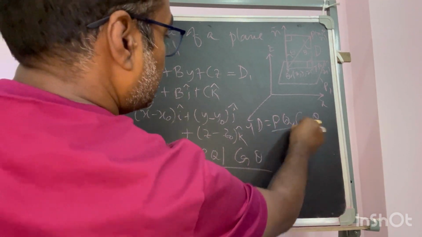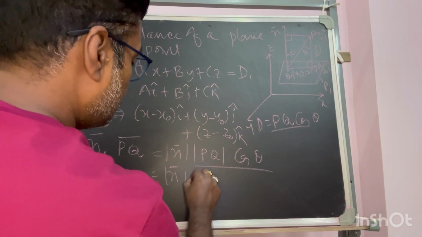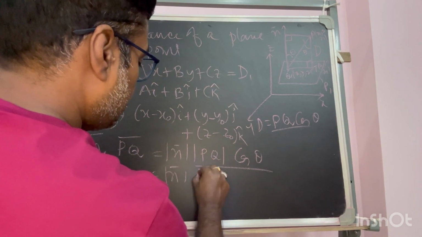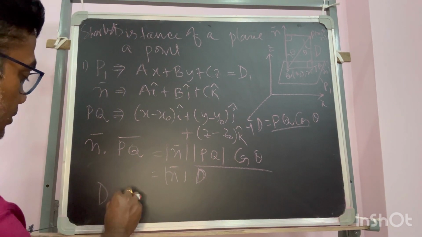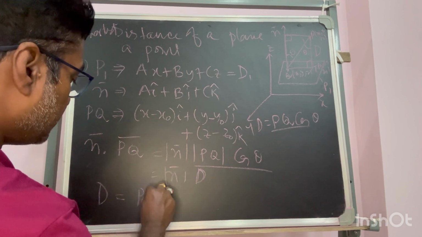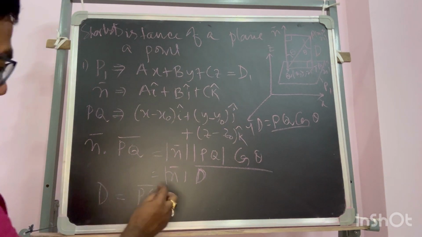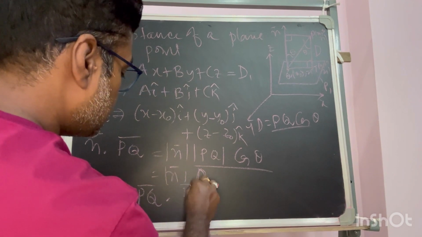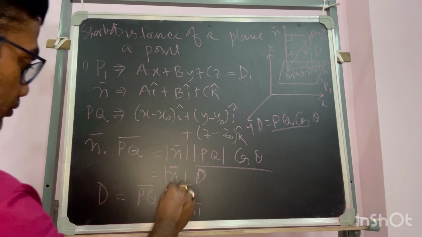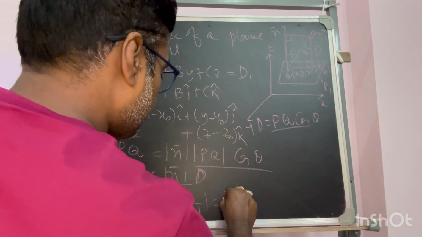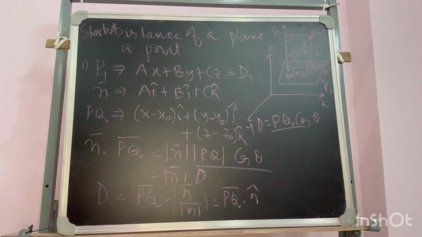This is nothing but d, so I can write the magnitude of n into d, where d is the magnitude we want. This is commutative, so we can change the position. So this is n divided by the mod of n, which is nothing but the unit vector along the normal vector.